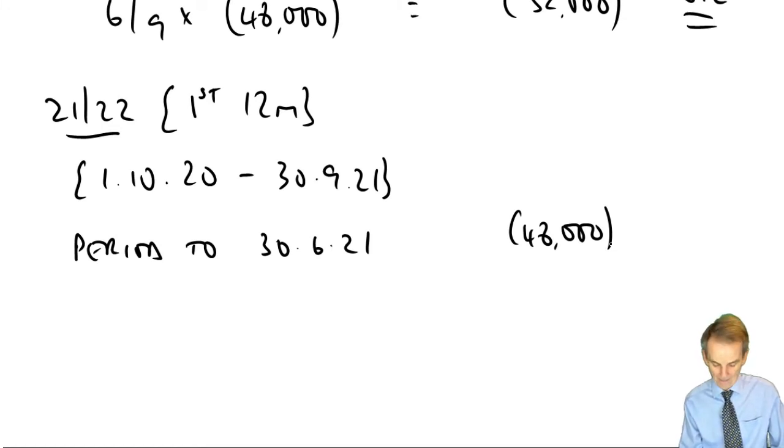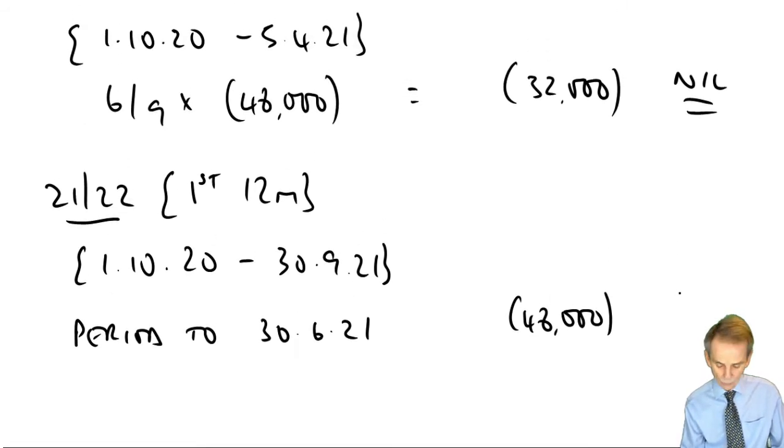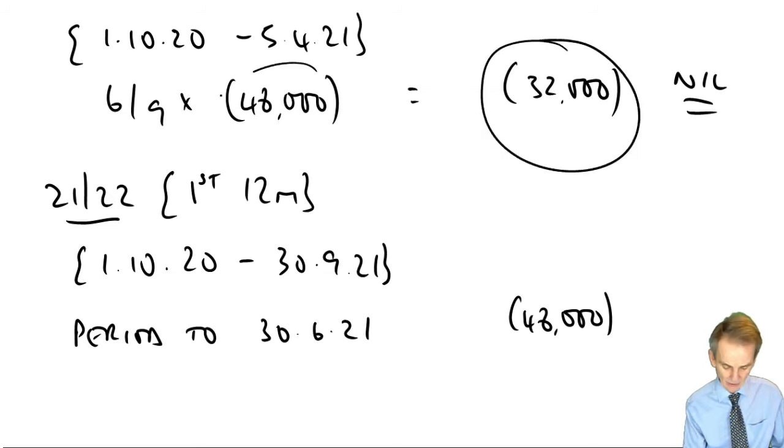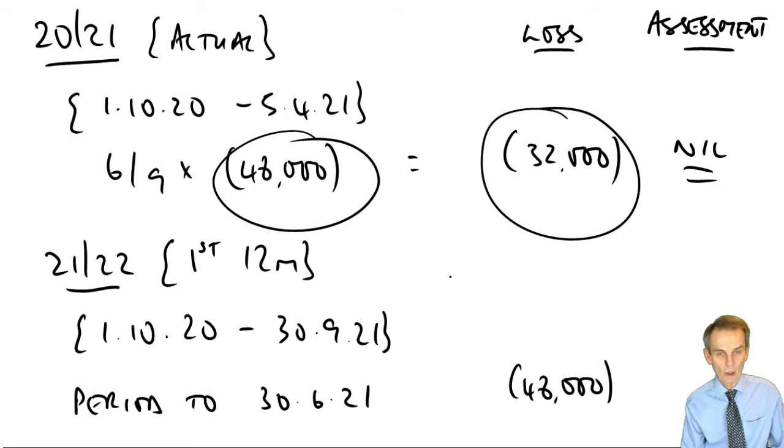So, question. Can we now, therefore, have all of that loss available for relief in this second tax year? And the answer to that, I hope you'd agree, is clearly no. Because we have already gained the use of 32,000 of that £48,000 worth of loss in the previous tax year, our first tax year, 2021.